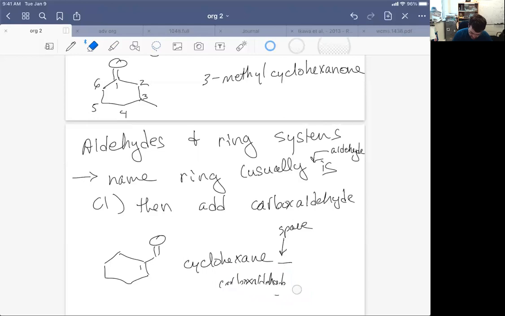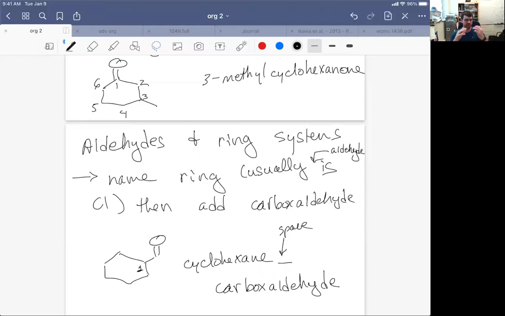I should have just deleted it. Okay. There we go. So that's carbon number 1. If you add substituents, you'd add them and name it like how you would name a cyclohexane, and then you would call it carboxaldehyde. I suppose though, if we have other functional group numbers, now let's just keep it at C1. I'll select examples where that's C1.